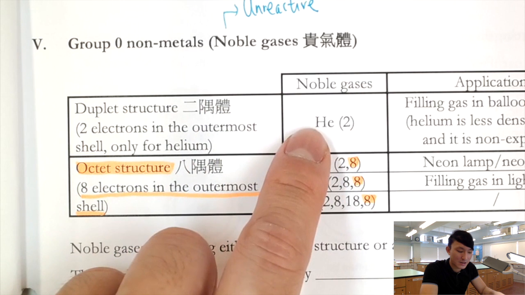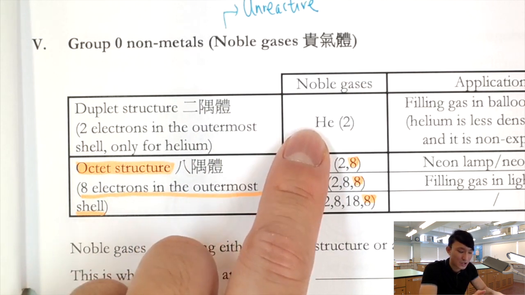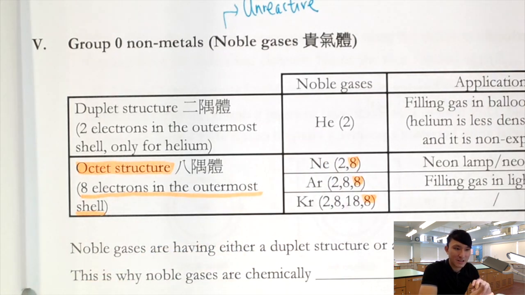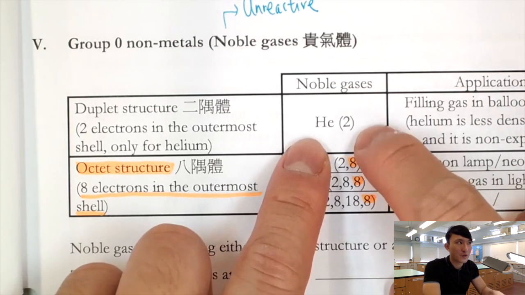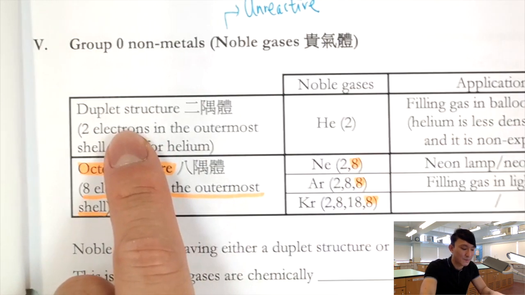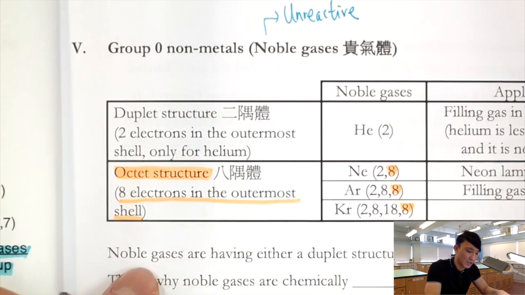The reason is because for helium, there is a special structure exclusively for helium, and some atoms that have just a few electrons, such as hydrogen, such as lithium, such as beryllium, so on and so forth. But here, if you want to focus on helium, there's a special structure exclusively for helium, which is called the doublet structure. A doublet structure.